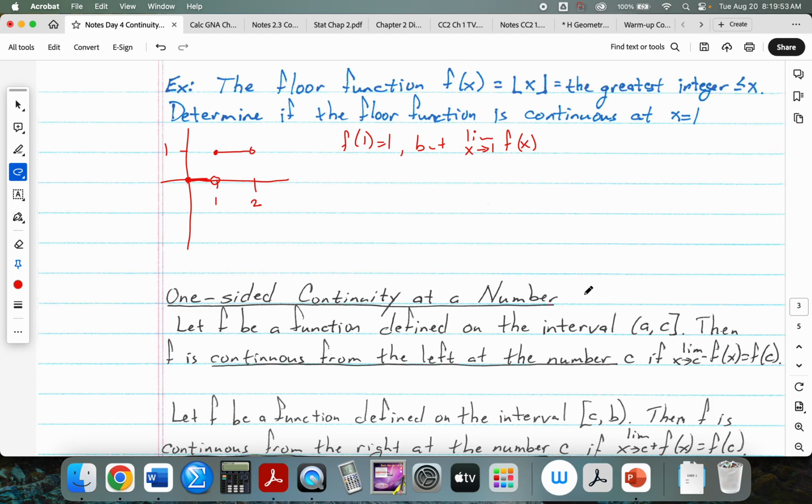It doesn't exist. Therefore, f is not continuous at x equals 1.